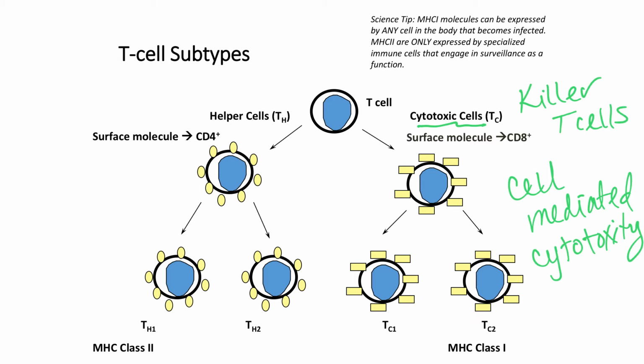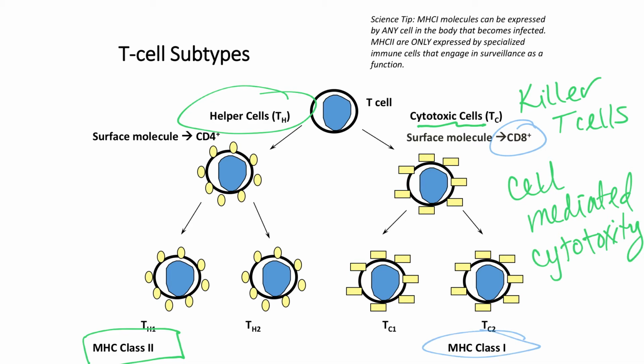But the main thing that you should remember just generally about them are that the TH or CD4 positive cells, those display MHC class 2 because they're generally the policing cells of the body, whereas cytotoxic T cells, also called CD8 positive cells because they have a different surface protein expressed on them, they display MHC class 1 flagpoles.